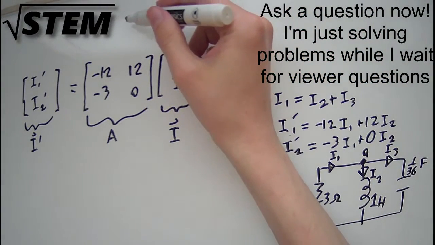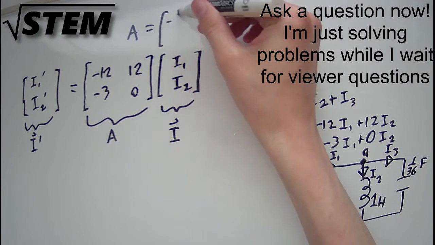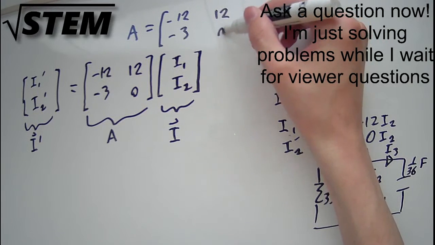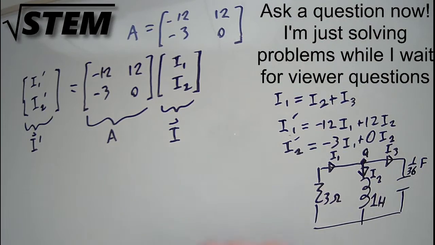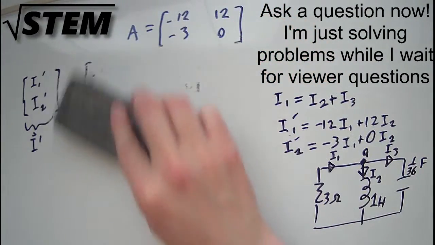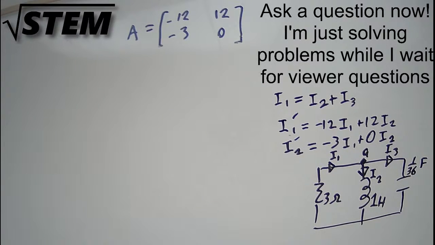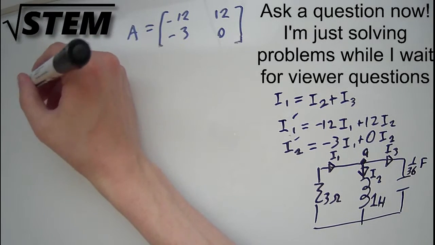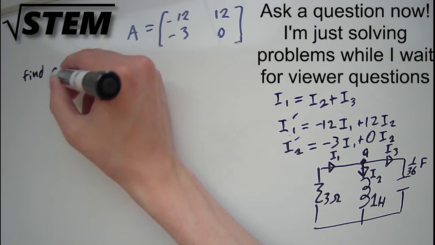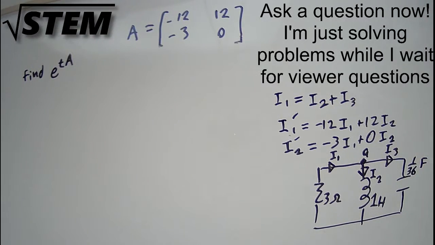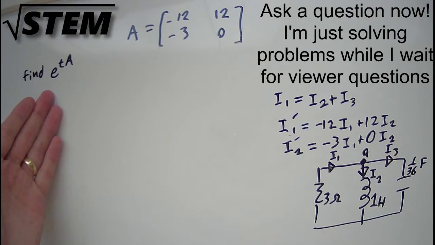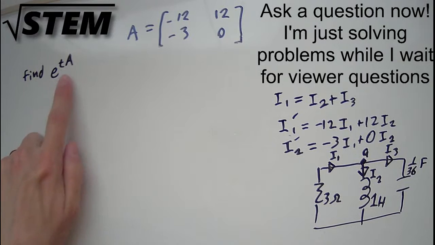I'm going to rewrite A up here. Now, if you're not in the advanced differential equations class, this might take some explaining for what that actually means, because the way we've written this, we're raising e to the power of a matrix, and what would that even mean?